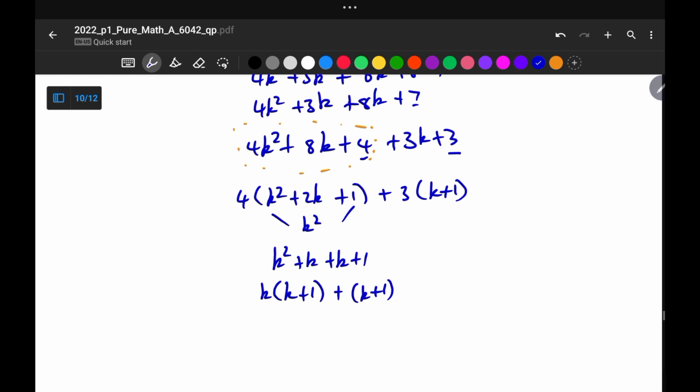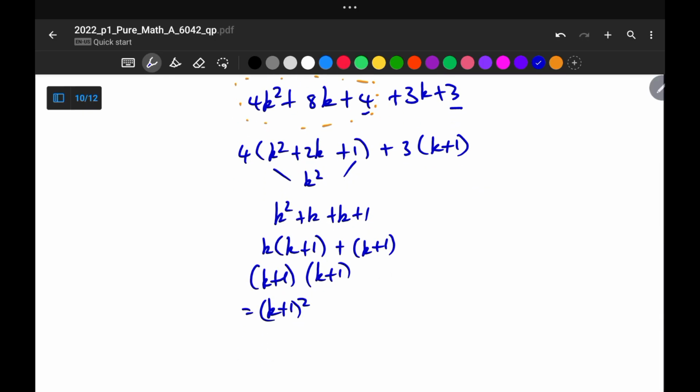Now k plus 1 is our new common factor, so we can factor it out to say it is k plus 1 a factor of k plus 1 again. So this is equal to k plus 1 squared. Okay, so our answer, 4 a factor of k plus 1 squared plus 3 times k plus 1, is as required by our question.